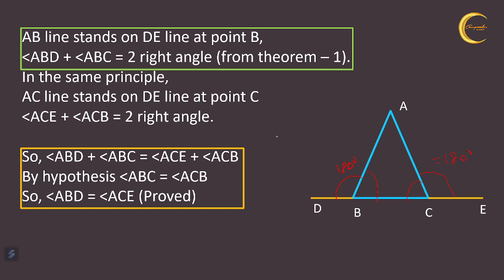Okay. Now you see here, ABD plus ABC equals angle ACE plus angle ACB equals 180 degrees. Okay. So by hypothesis, we know angle ABC and angle ACB are equal. So angle ABD and angle ACE, these two angles, are equal, and it is proved.